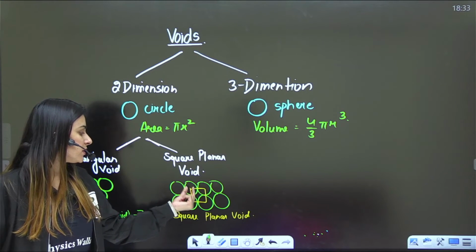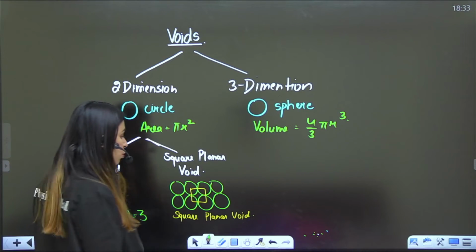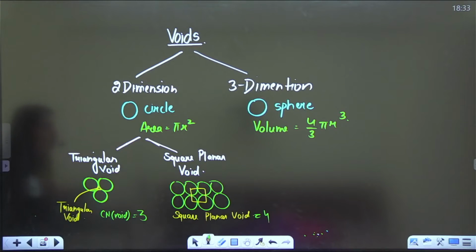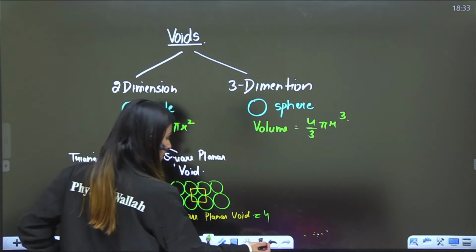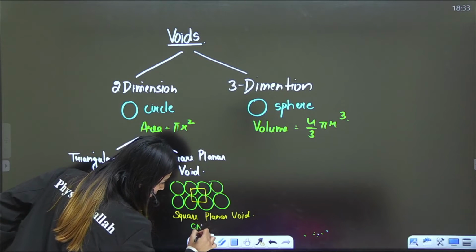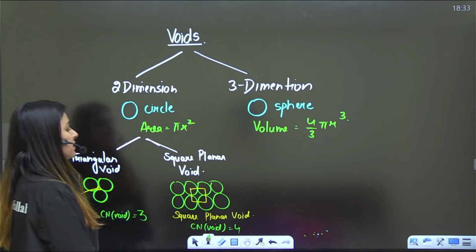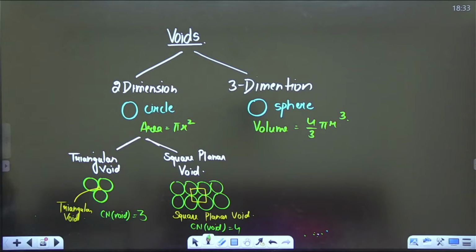The void is made of 4 different atoms, so the coordination number of square planar void is 4. Okay, so this is how we find out the voids in the two-dimensional structures. I hope it's clear with you.